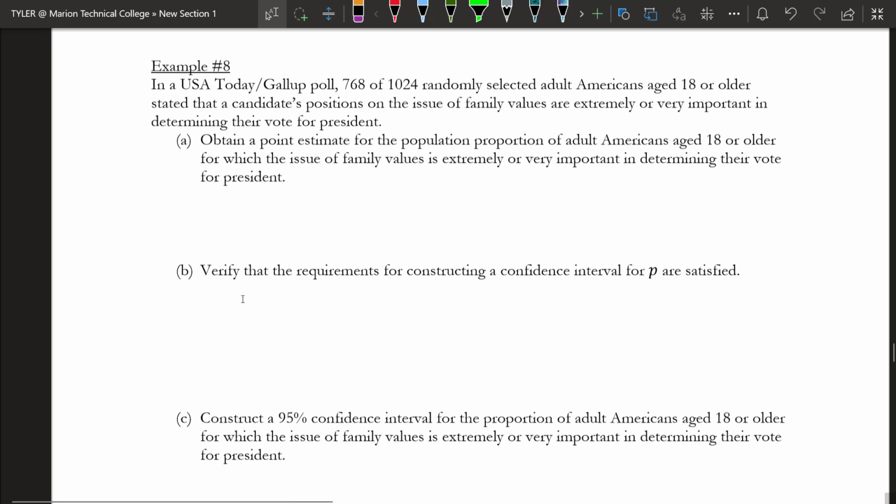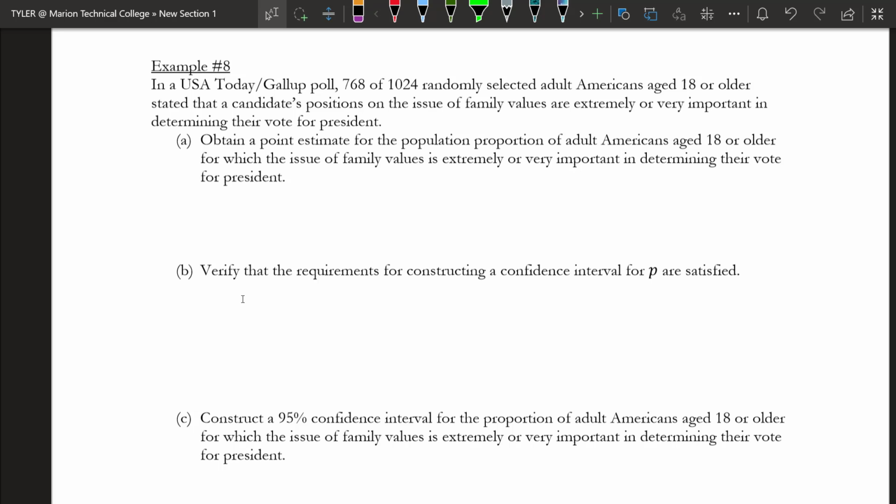All right, so now I have example 8. So we have in a USA Today / Gallup poll, 768 of 1,024 randomly selected adult Americans age 18 or older stated that a candidate's position on the issues of family values are extremely or very important to determine their vote for president. Right? So this problem, we have multiple parts to walk through.